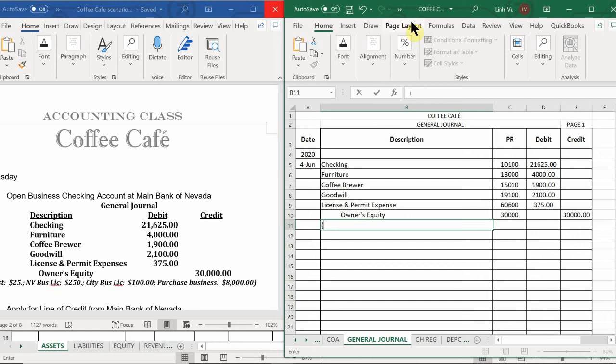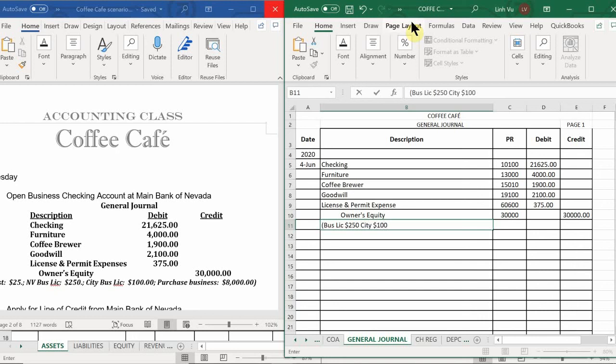I have a checking account. So here, I'm just going to go ahead and say I had a business license for $250. City was $100.